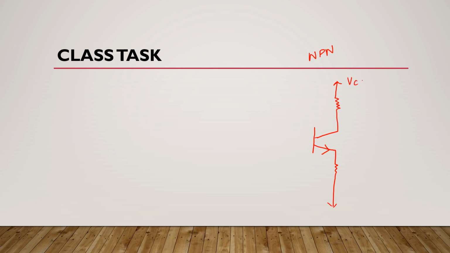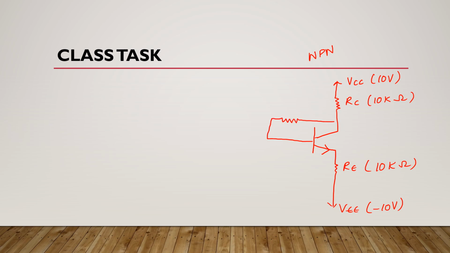Now here this VCC is 10 volts, and this VEE is minus 10 volts, and this RC is 10 kilo ohms, and here this RE is also 10 kilo ohms, and here you have a resistor RB, and it is connected this way. It means now here we have VC, and here we have VB, and this RB is also 10 kilo ohms, and here we have VE.